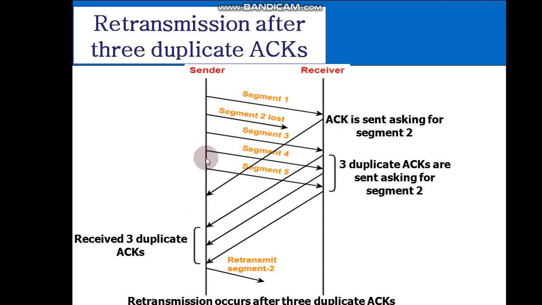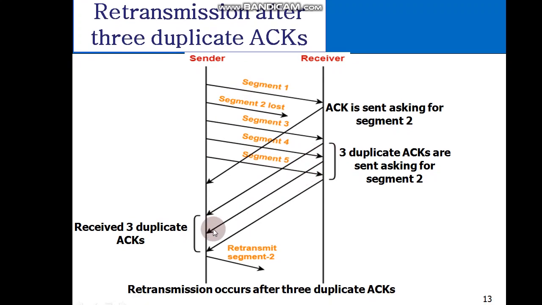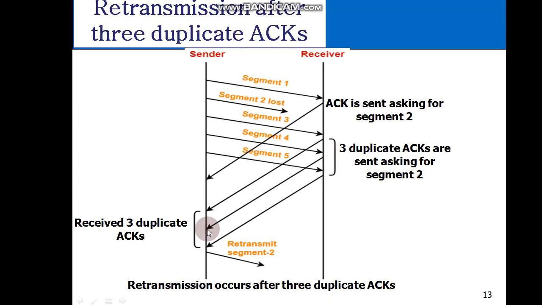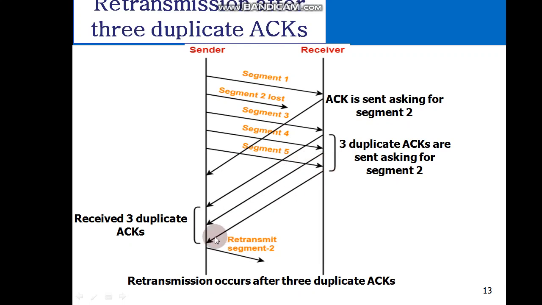When segment 4 is received, again it will send the same acknowledgement expecting segment 2 to be sent by the sender. Again when segment 5 is received, it will send the same acknowledgement expecting segment 2.